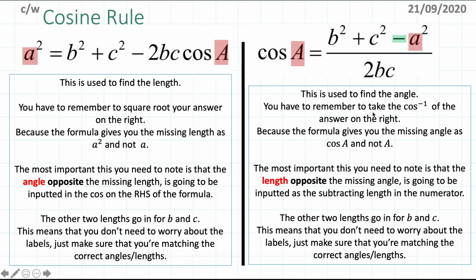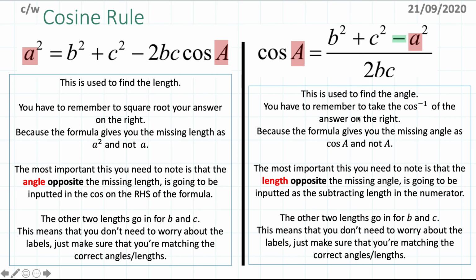So again, just like the length format, with the angle format, this is not the final answer. You have to take the cos inverse. So once you've done this right-hand side, your final step is to take cos inverse of this right-hand side, and that's going to give you the angle A, because this right-hand side only gives you cos A. It doesn't give you A. In order to get A, you have to do cos inverse.